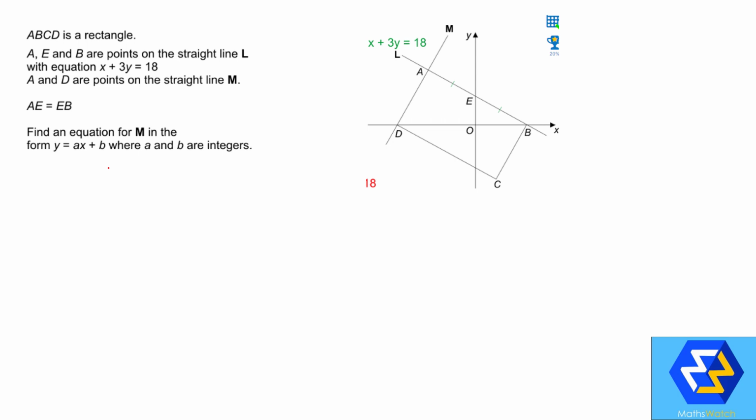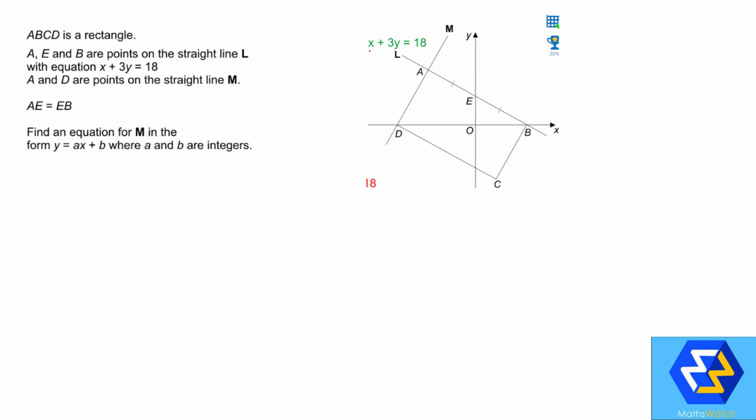Now, this type of question is like an exam question and will appear in something like further maths as well. And it will appear towards the end of your paper, the end of your GCSE Year 11 paper. So this is a Year 11 topic.